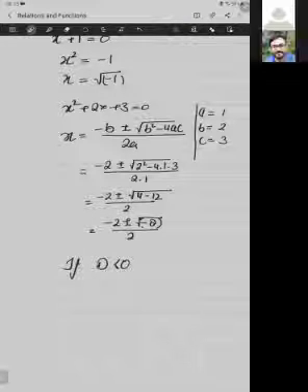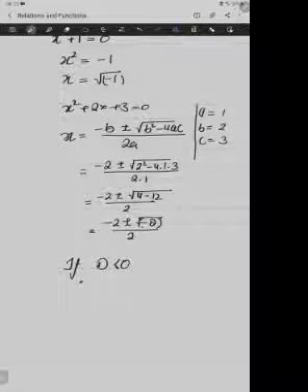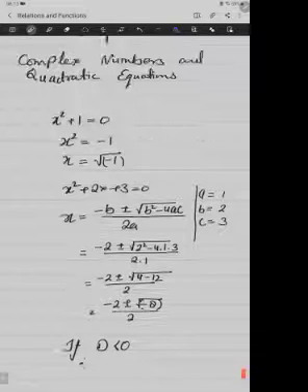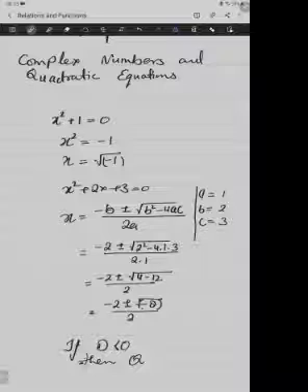We also used to say if d is less than 0, then the quadratic equation has no real roots. Now that no real roots condition we need to study over here.